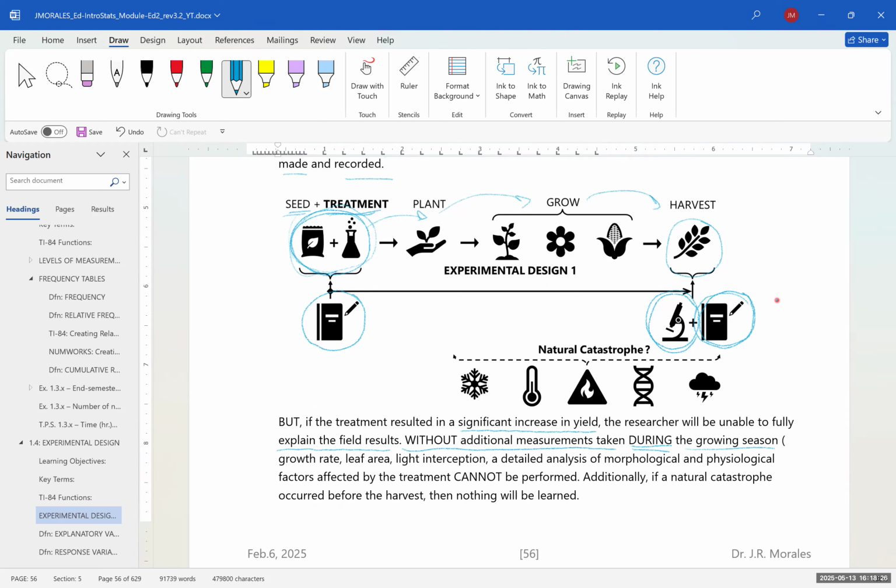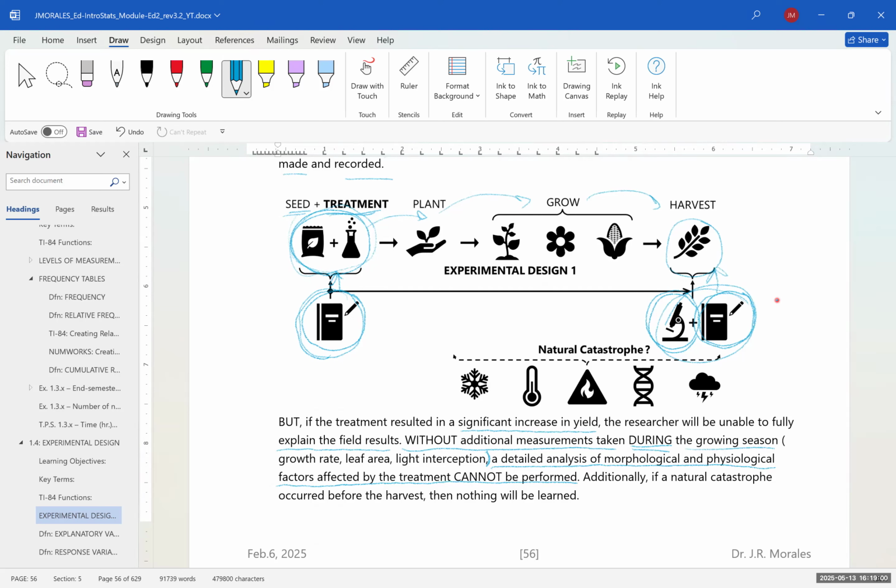A detailed analysis of morphological and physiological factors affected by the treatment cannot be performed. Additionally, if a natural catastrophe occurred before the harvest, then nothing can be learned. So you'll notice with this particular experimental design, you're only recording information at the beginning of an experiment and at the end of the experiment.